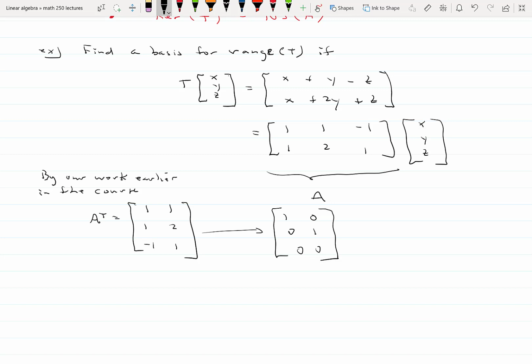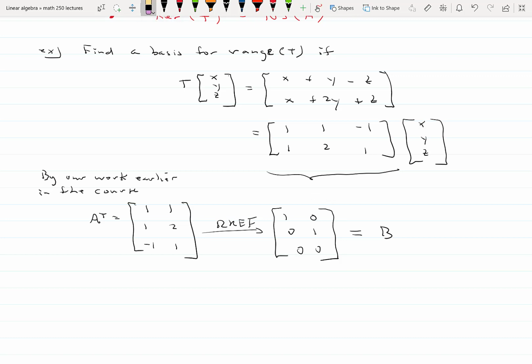All we need for a basis is a set of linearly independent vectors that span the vector space. So he just found the REF and I found the RREF. Bases are not unique, so I found a different basis than he did.